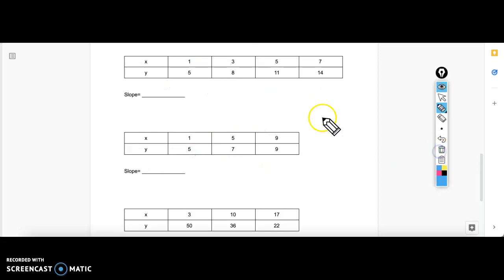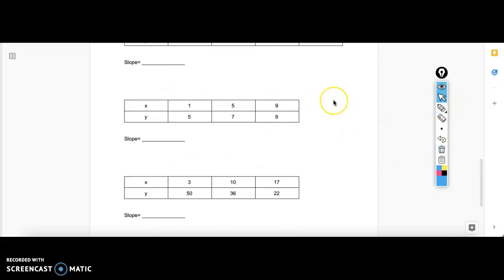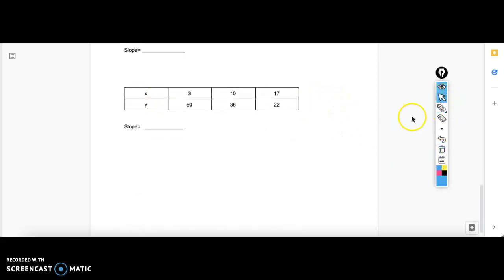All right, last one on here, and then we are done with this guided notes. Again, we're going to find the change in y first. So notice this one is going down. So I'm not adding any, I'm subtracting numbers now. So in order to get from 50 to 36, I'm going to subtract 14.